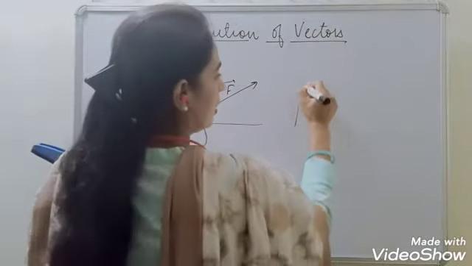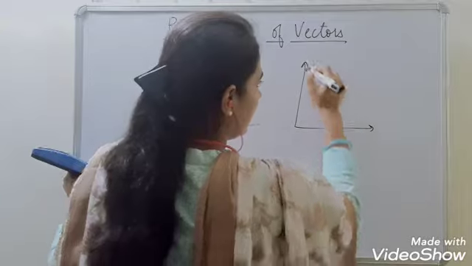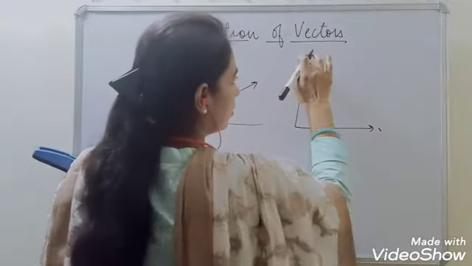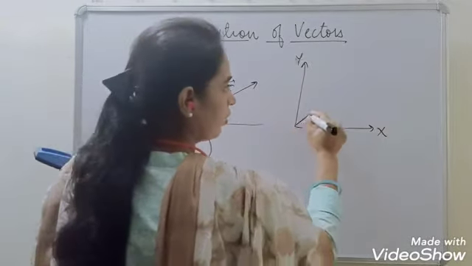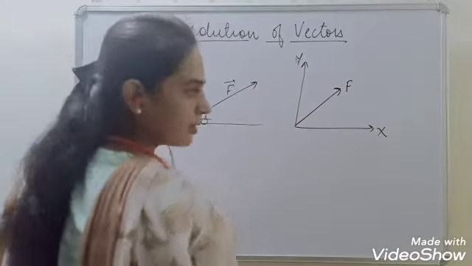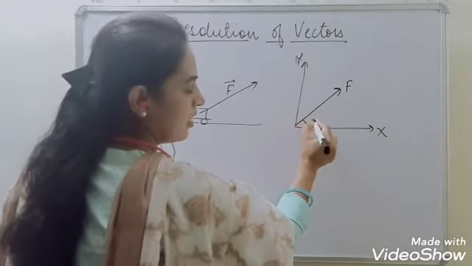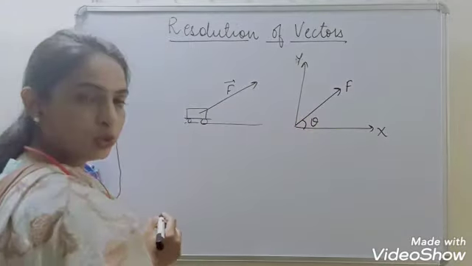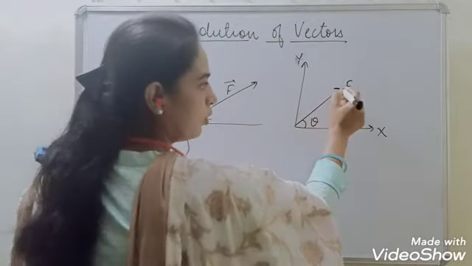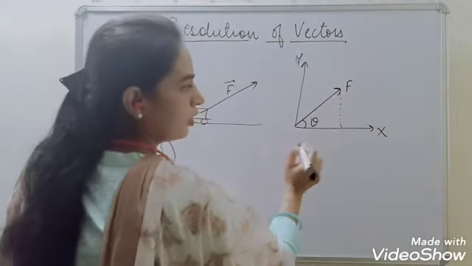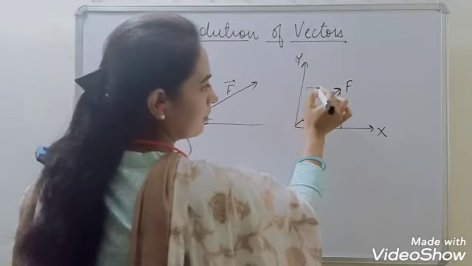So let's draw this in the xy plane. Okay, so this is x, this is y. I can draw force F like this. Let us say force F is inclined to the x-axis at an angle theta. Now I am dropping two perpendiculars on both the axes.